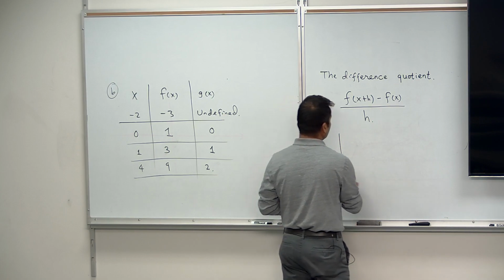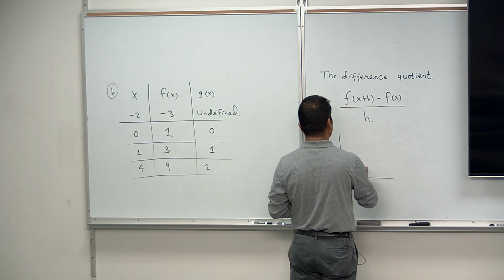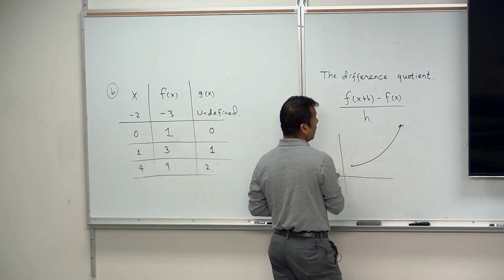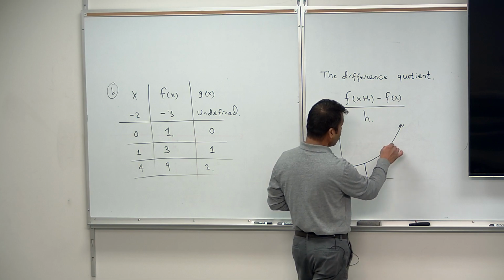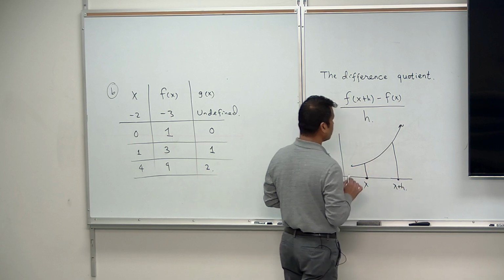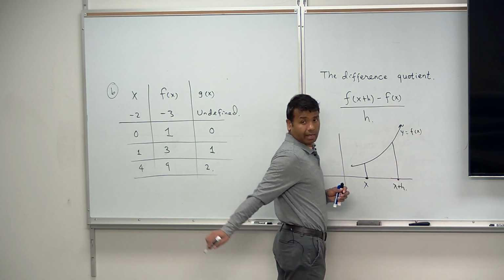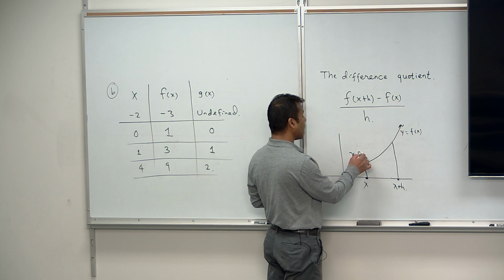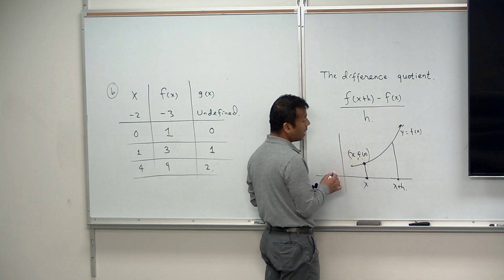So if you have, let's say, a function like this, this is the graph of the function, y equals f(x). You have x here, and the neighboring point, pretty close to this, let's say this is x plus h. This point is going to be (x, f(x)), because the x value is x, the y value is f of x.